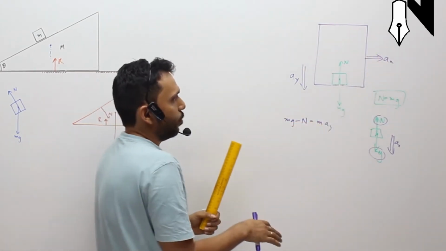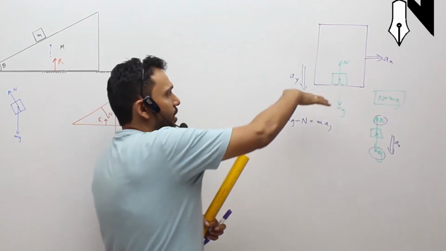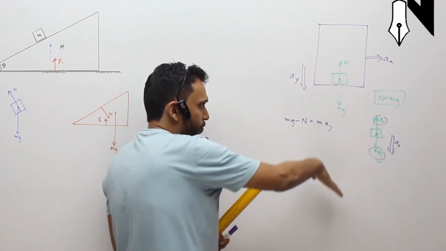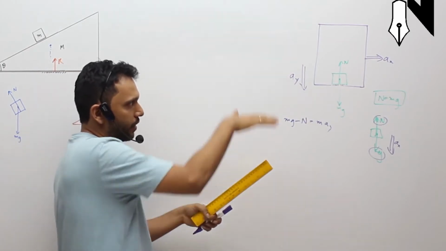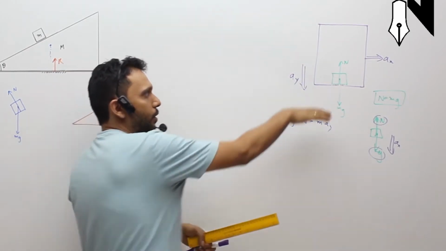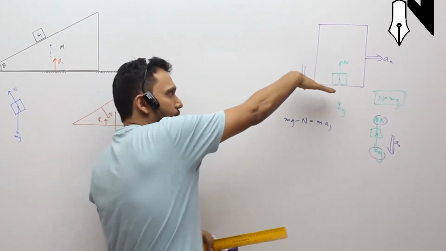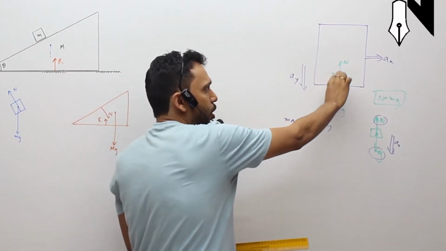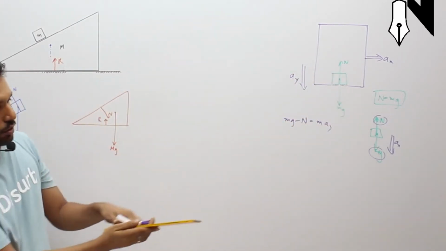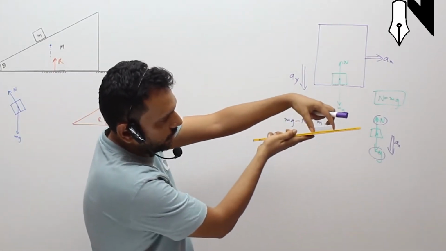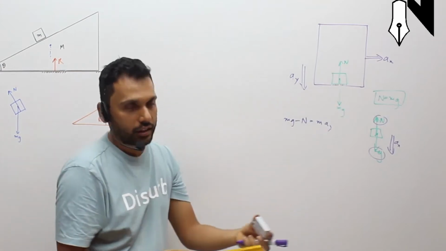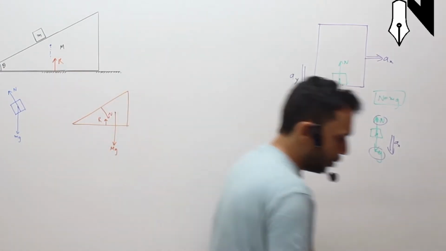So here what I'm trying to emphasize is the lift is trying to leave the block. The block is somehow sticking due to gravity. It is staying on the lift, but the lift is trying to leave it. If the lift is trying to leave it, then the normal reaction becomes less. So if the platform is trying to leave the box, then the normal reaction will definitely reduce.